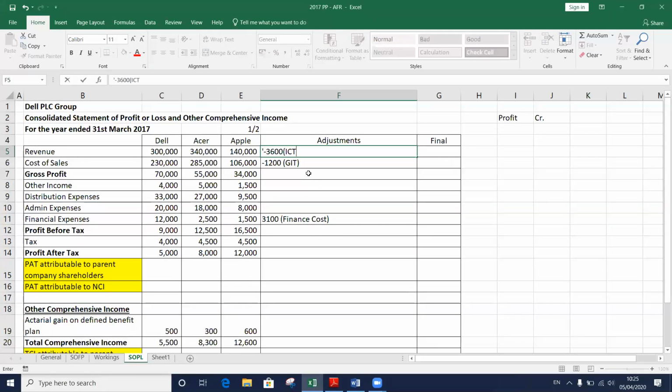This is intercompany transaction. Revenue will not අයින් කරා. Apart from that, I need to deduct it from cost of sales as intercompany transaction.